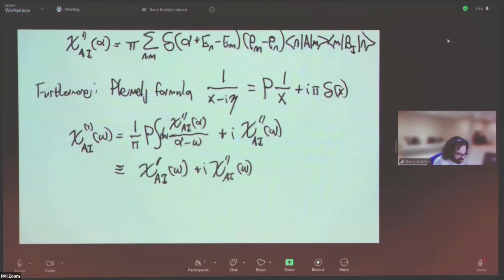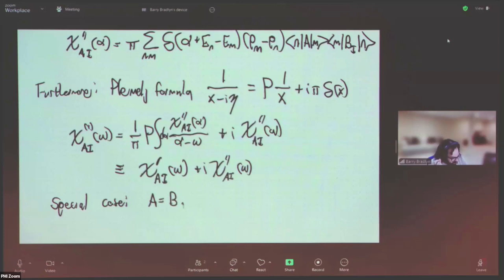Now, if we go to our Kubo formula, actually, let's specify to a particular case of interest where the observable A that we're looking at is one of these observables B that our perturbation couples to. So for instance, if we are applying an electric field to the system, which we can represent as coupling to the current, then our B sub i's are current operators, and we'll look at the average current. The two cases that we are going to consider in a moment, density response and current response, fall into this case.